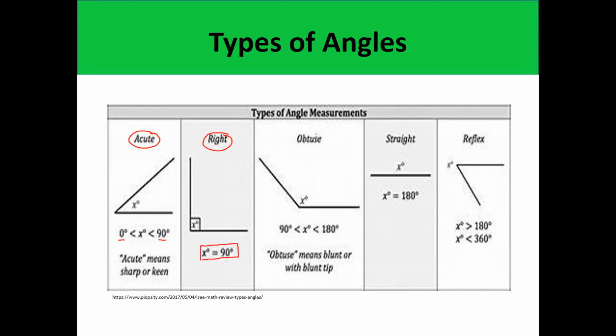An angle is an obtuse angle if its measurement is between 90 degrees and 180 degrees. If the angle is measured at exactly 180 degrees, then we call it a straight angle. And angles measuring higher than 180 degrees and less than 360 degrees are called reflex angles.